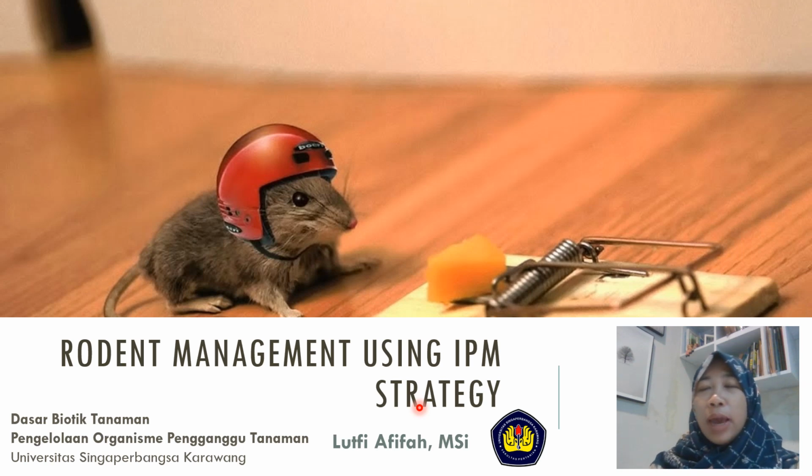As we know from the previous meeting, we already know the morphology of the rodent, the species of the rodent, the bioecology of the rodent, and the senses of the rodent: how the olfaction sense is, what their capability is, the swimming ability, the climbing ability, and others.